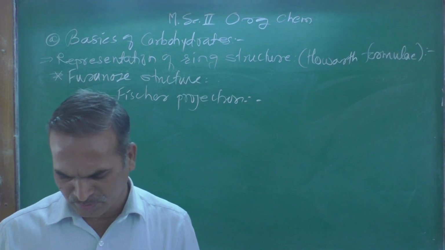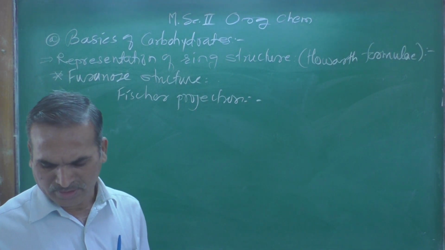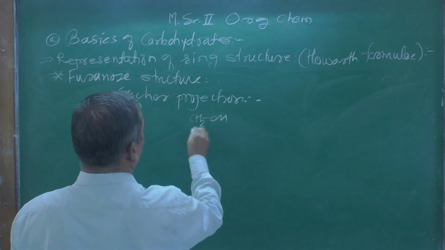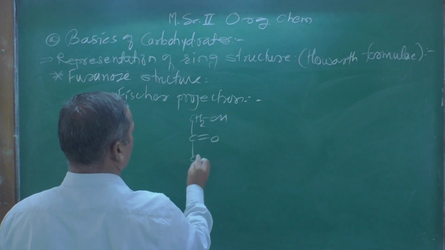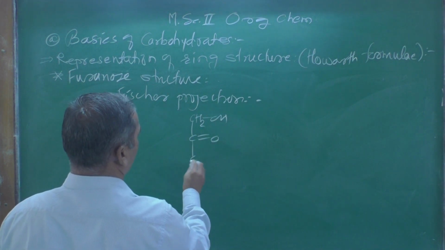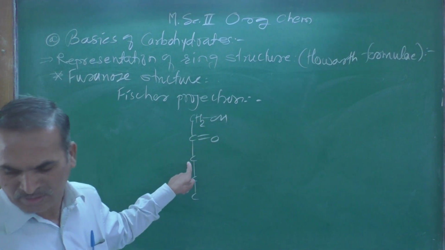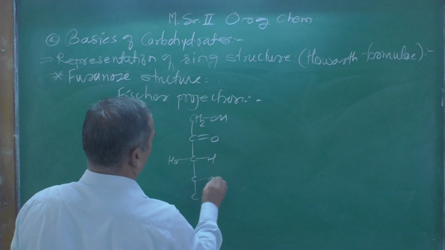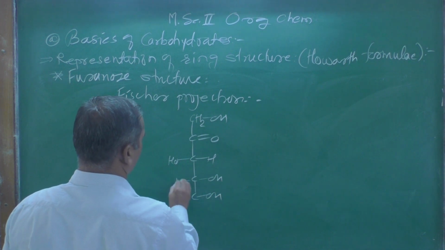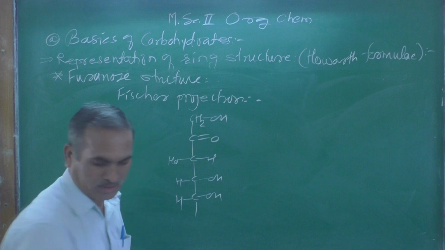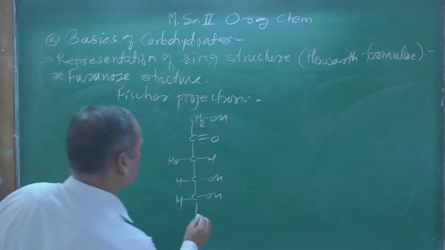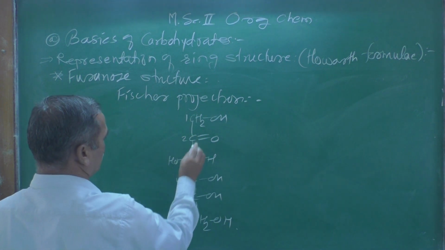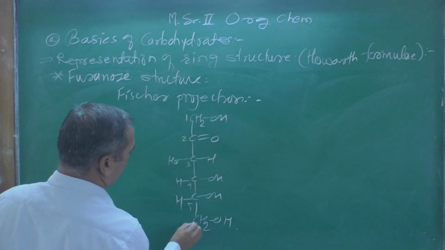According to the Fischer projection, first of all let us see the structure of fructose: CH2OH at the first position, then 1, 2 and 3. Here the hydroxy group is on the left hand side, then OH, hydrogen atom, and the rest is CH2OH. These are carbon numbers 1, 2, 3, 4, 5 and 6.